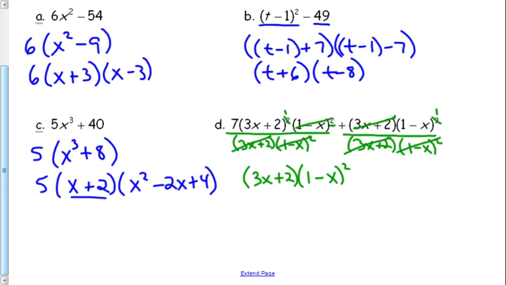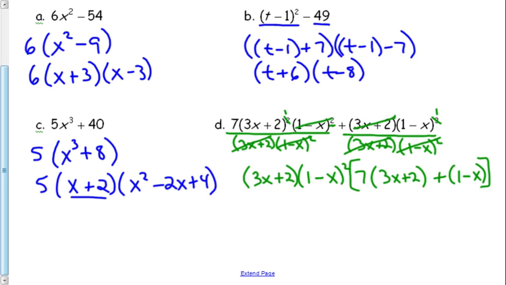All right, so what I have left on the left side is 7, then 3x plus 2 to the first, and then plus, let me put a bracket in here, 1 minus x.